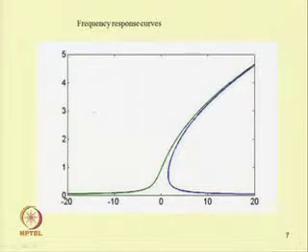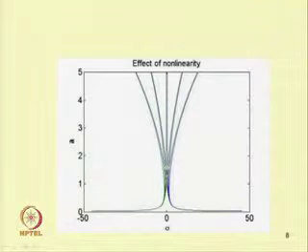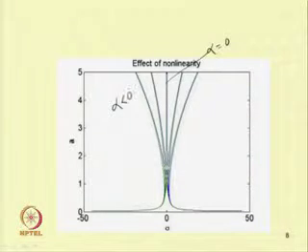So, this is the frequency response curve for this Duffing equation, or an equation similar to Duffing type, and here the effect of nonlinearity is shown. This is for alpha equal to 0, these are for alpha less than 0 and this is for alpha greater than 0.